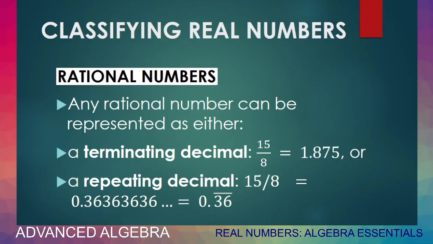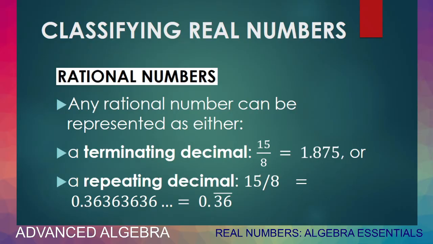In-express natin siya as decimal, naging 0.3636. Then, pwede natin siyang paikliin gamit si vinculum. Lagay lang natin yung number na umuulit, then lagay natin ang vinculum sa taas ng 36. Okay? Ganun isulat si repeating decimal.